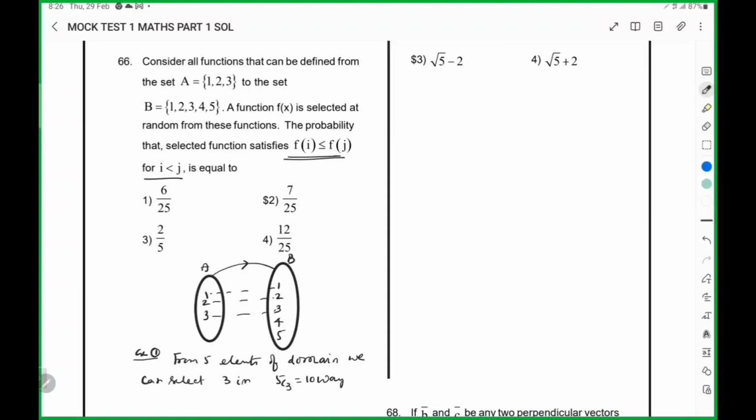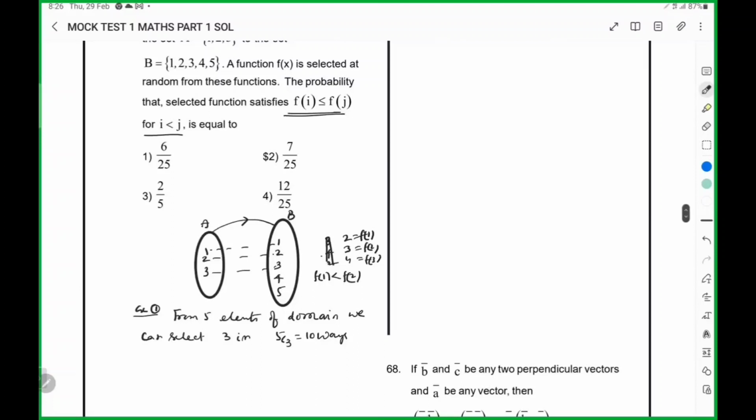So don't go for permutation, because suppose you take 2, 3, 4 as f(1), f(2), f(3). The question says f(1) must be less than f(2). So permutation means 3, 4, 2 is also possible, but here f(2) is not less than f(3). So only selection you have to do, in 10 ways.